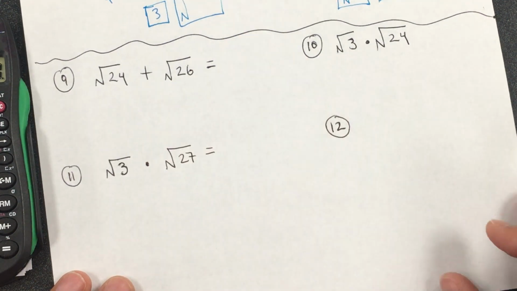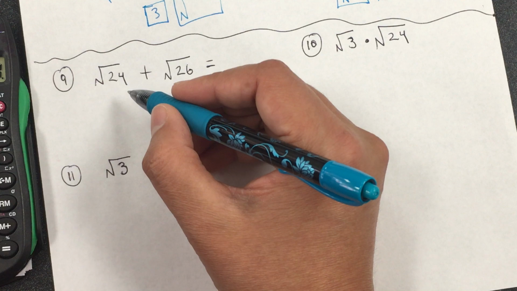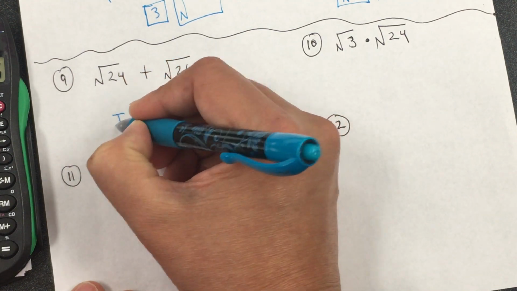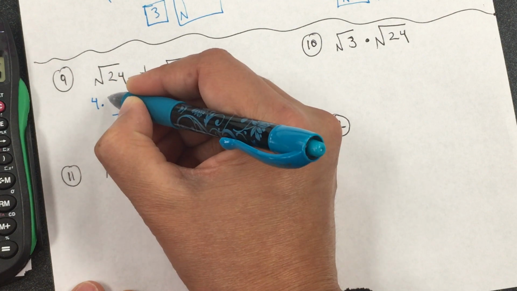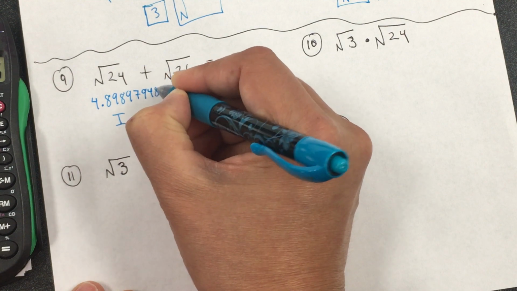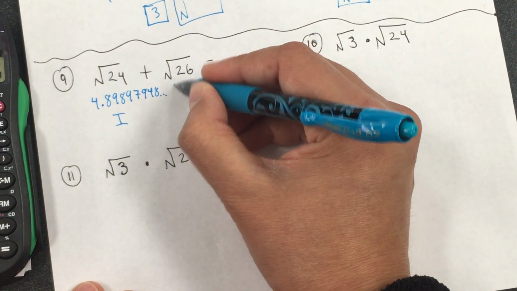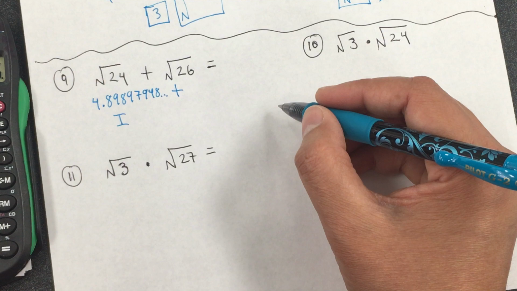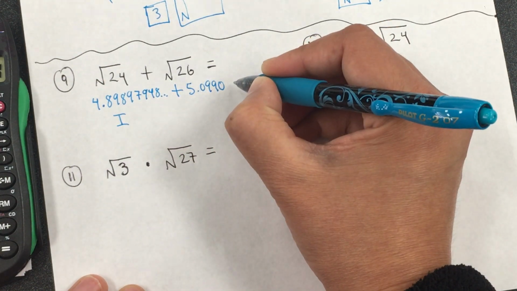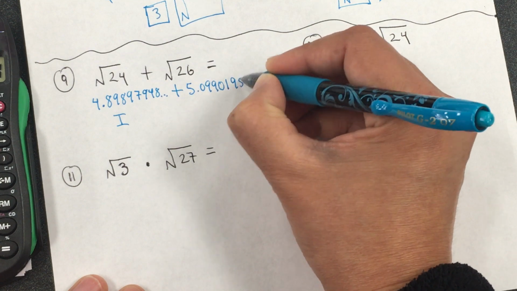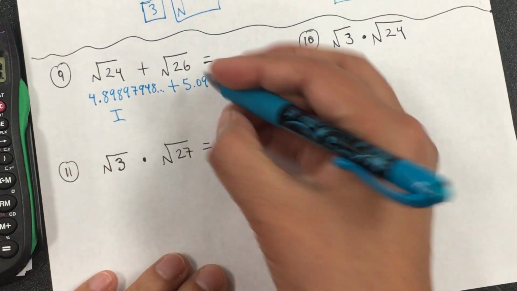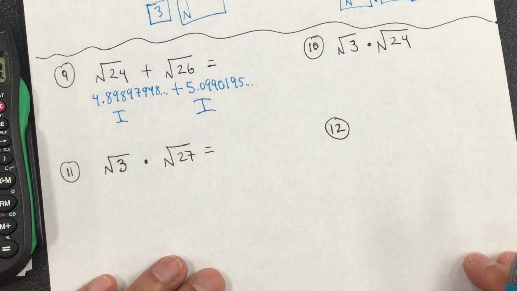Okay, so in here, the square root of 24 is an irrational number, and I'm going to write down the number here, 4.89897994, etc. What about the square root of 26? It's 5.0990195, etc. And so when I put those together, I just wanted to show you that those were irrational.